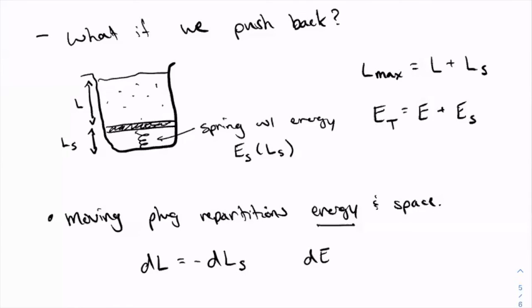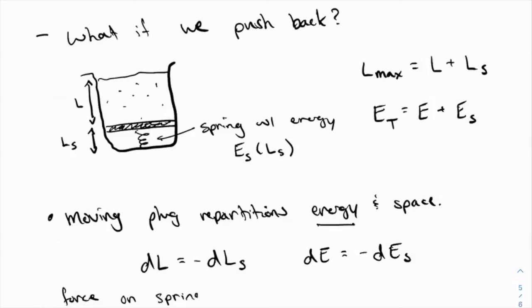Similarly, if I change the energy of the system, that comes about through a change in the energy of the spring. Change the energy of the solution, I must change the energy of the spring. So I can define a force on the spring in a way that I would normally define a force. F is the gradient of the energy of the spring with its displacement, which is now equal to how the energy of the solution changes with the displacement of the plug.